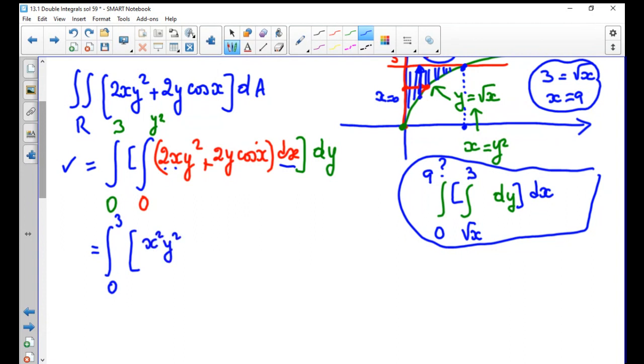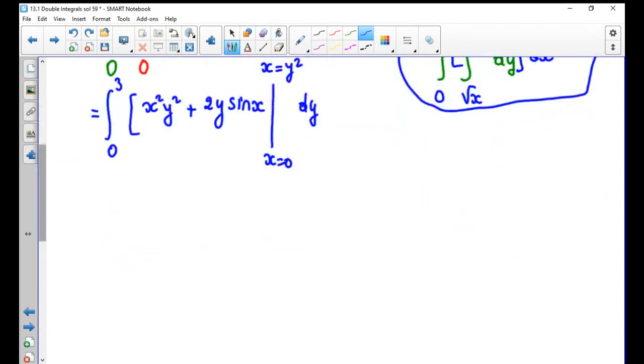And you have a cosine x that you need to integrate. So it will give us 2y sine x, from x equals 0 to x equals y squared, and then the answer integrated with respect to y.